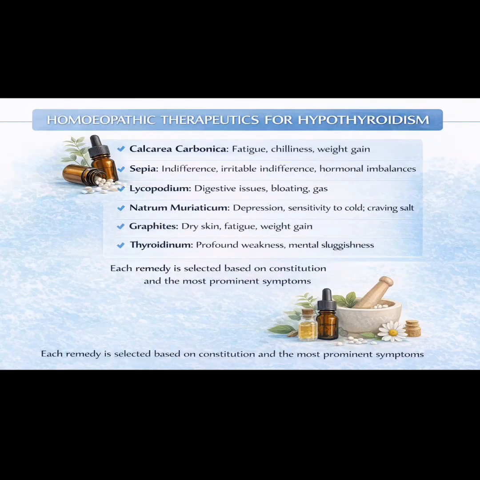In homeopathy, medicines are selected based on the individual symptom picture of the patient. Some commonly indicated remedies in hypothyroid states include Calcarea carb for patients with fatigue, chilliness, and weight gain, Sepia for hormonal imbalance with emotional indifference, Lycopodium for digestive disturbances and bloating, Natrum mur for depressive tendency and cold sensitivity, Graphites for dry skin and sluggish metabolism, and Thyroidinum is selected in cases with marked weakness and mental dullness.